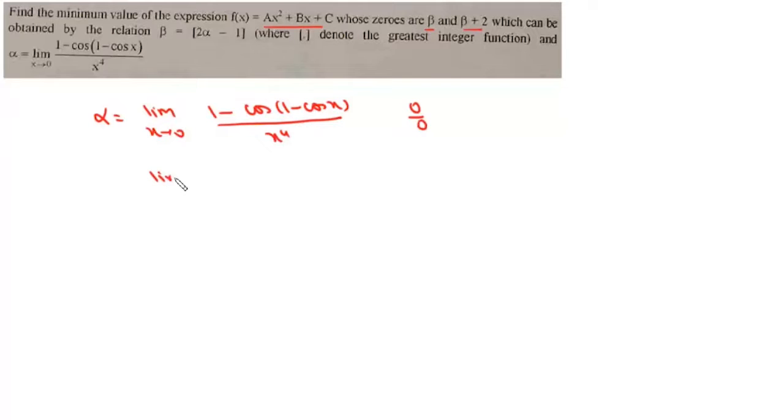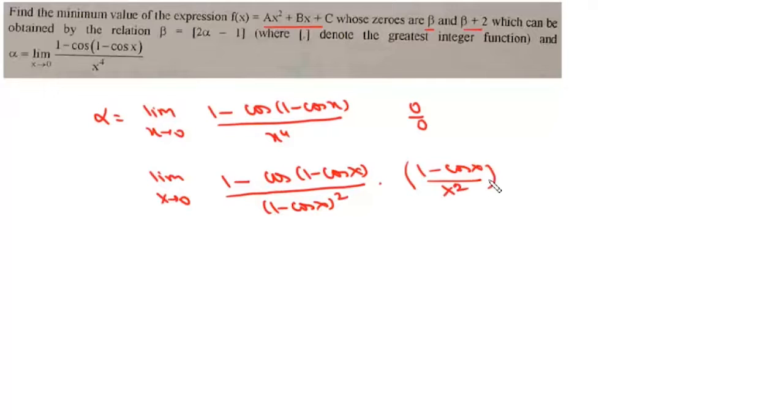So we can write this as limit x tends to 0, 1 minus cos x upon 1 minus cos x whole square, and into, we can write this as 1 minus cos x upon x square whole square. Now this is a standard limit. This is 1 by 2, and this is also a standard limit, which is also 1 by 2. So the value of alpha is 1 by 8.